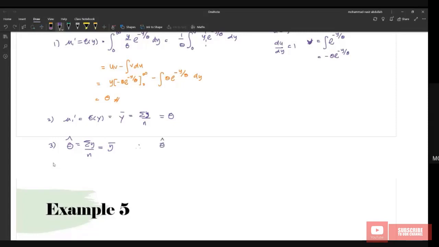So theta hat is equal to y bar. That's all. I think this is very simple, right?